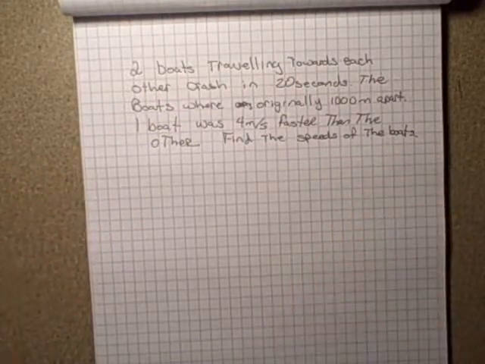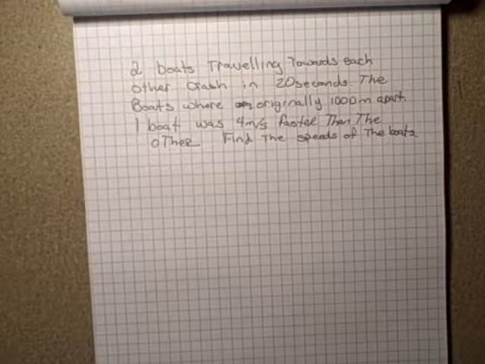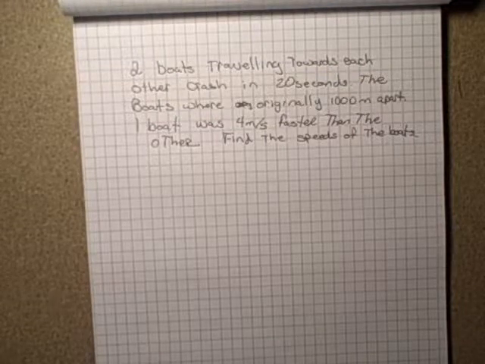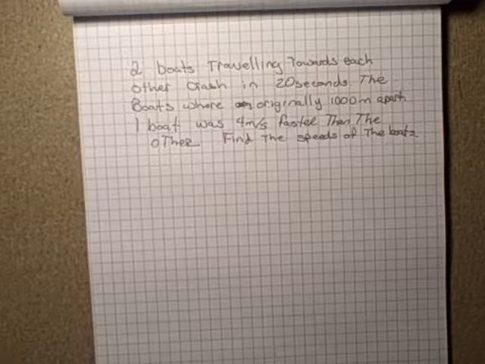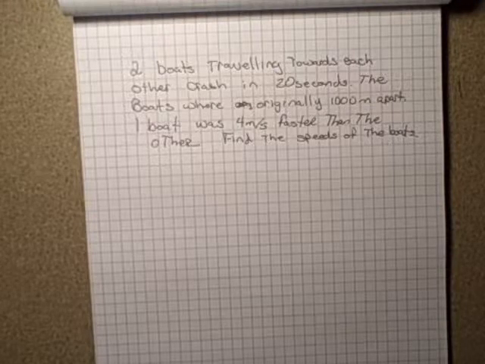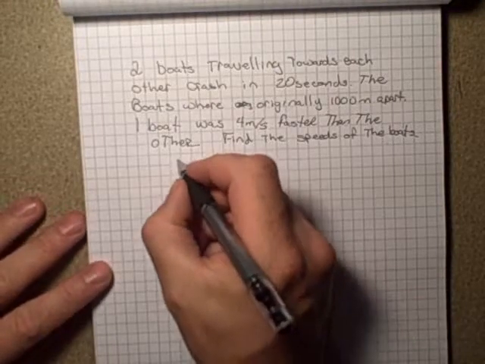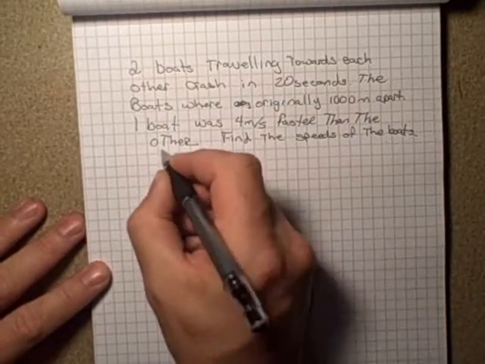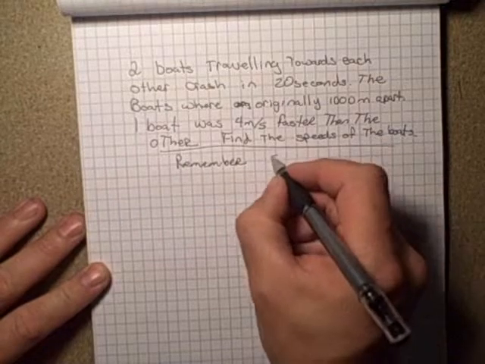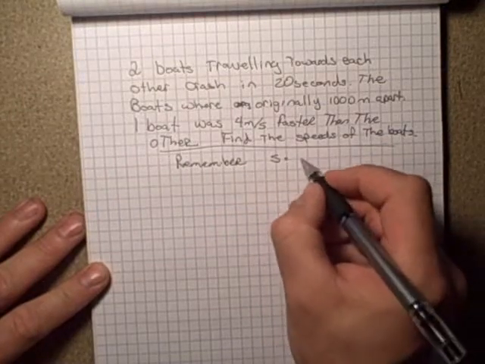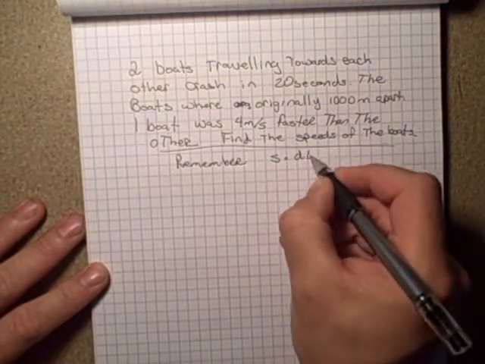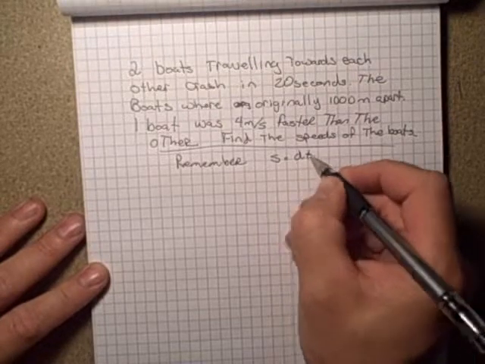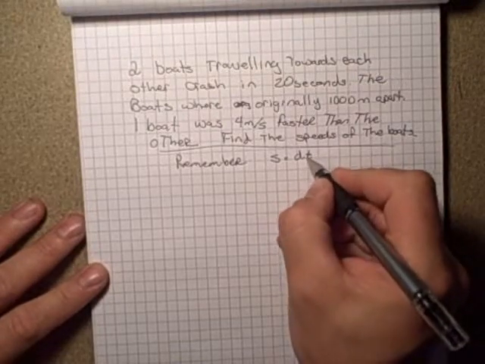So this is where we're going to do one of those problems where you're looking at understanding the distance, speed, and time relationship. So you'll have to remember that speed is equal to distance over time.